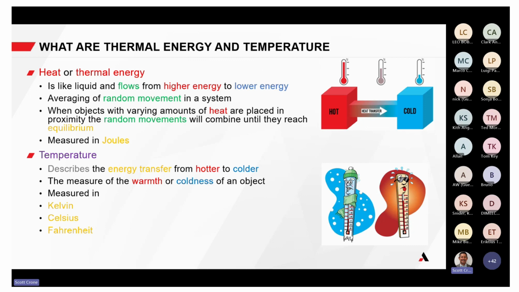So they're going to transfer energy from one to the other until they get to an equilibrium temperature. And that thermal energy is measured in joules. Now, what we're going to talk about today is temperature. And temperature is that energy transfer from the hotter to the colder or colder to hotter instrument. And it's a measure of the warmth or the coldness of the object. It's measured in Kelvin, Celsius, and Fahrenheit.